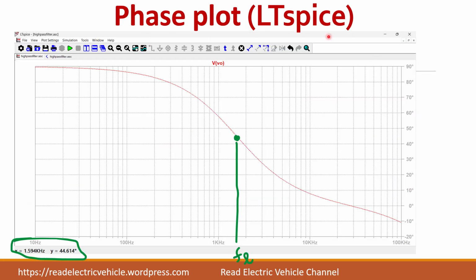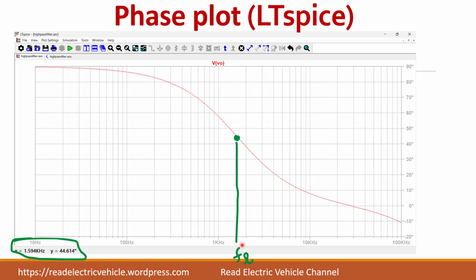Now if you see the phase plot, you should remember one thing. This is a high pass filter. We have a capacitor at the first stage, so it will introduce a phase difference of 90 degrees. So initially it will be a 90 degree phase difference, but gradually it comes to 0.